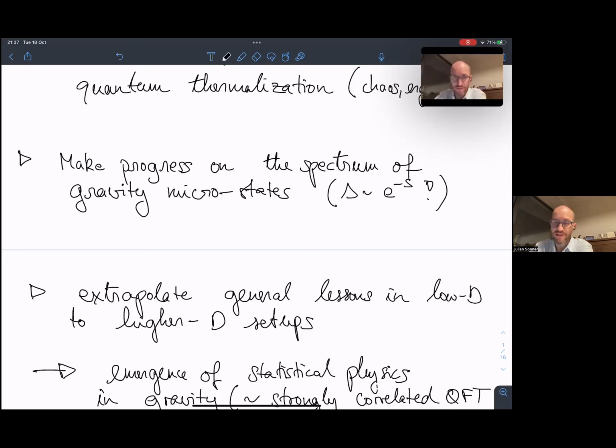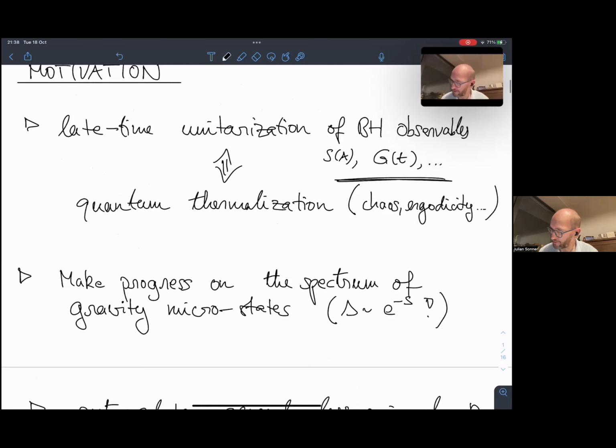But what is still a great challenge is to ask dynamical questions, which notably depend on the exact spectrum of the theory. It's not just the number of microstates. We actually want to know what structure is in the microstates. What is the structure of gravitational microstates, in particular, high energy black hole microstates? That's, of course, a very worthwhile problem, and it's related also to the late time behavior that I already mentioned.